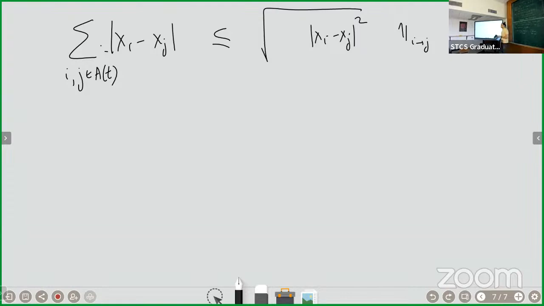Tell me what that is. This is the indicator that i is actually transmitting. Is this true? Some constant and method. You will remember Cauchy-Schwarz. That's it. So that's the theory.